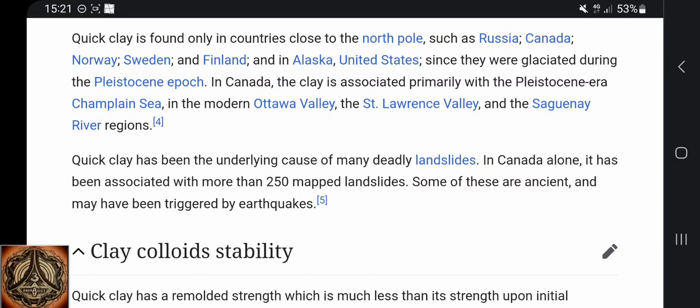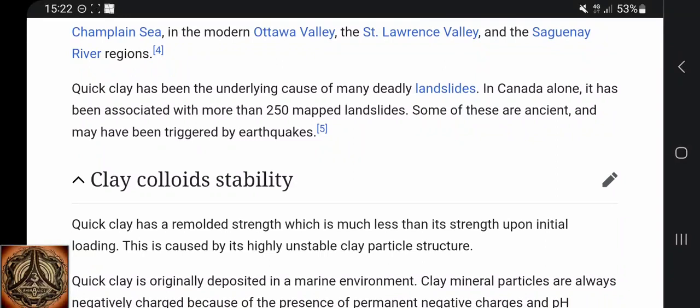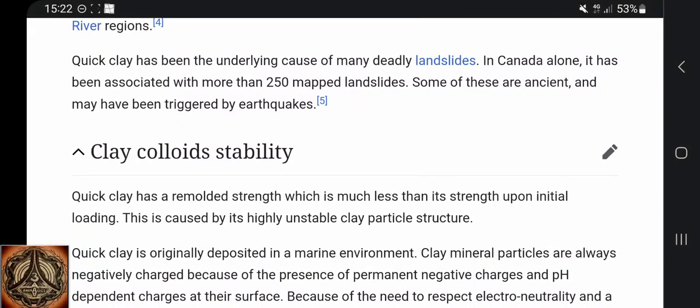Quick clay has been the underlying cause of many deadly landslides. In Canada alone, it has been associated with more than 250 mapped landslides. Some of these are ancient and may have been triggered by earthquakes.